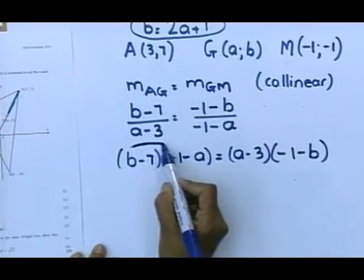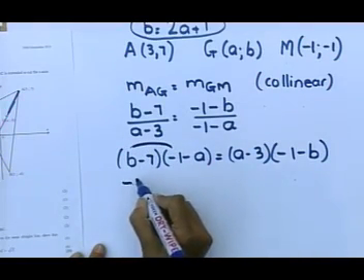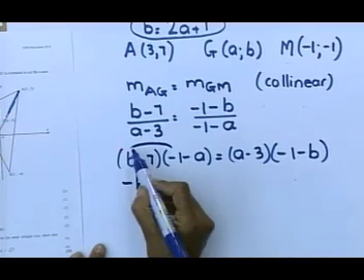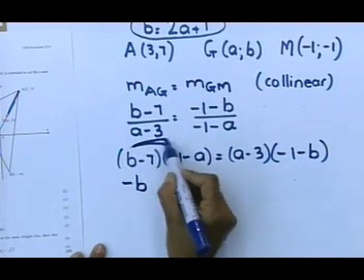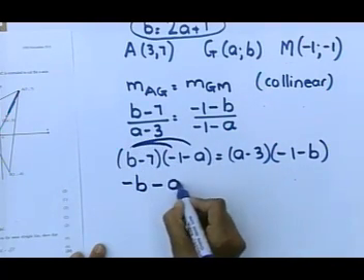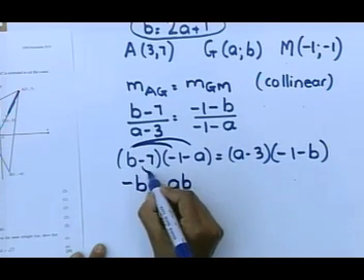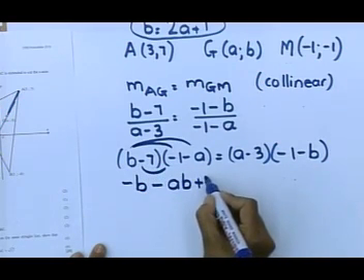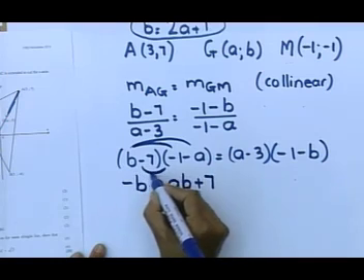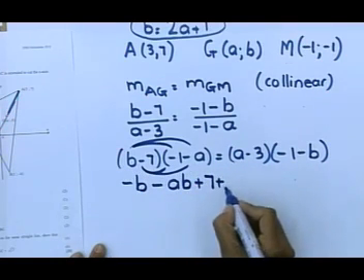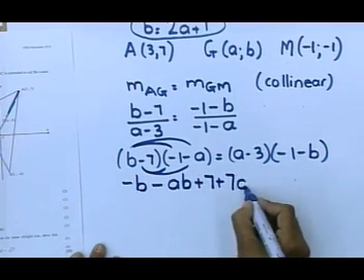B times negative 1 is negative B. Then I have B times negative A is negative AB. Negative 7 times 1 is positive 7. And negative 7 times negative A is positive 7A.